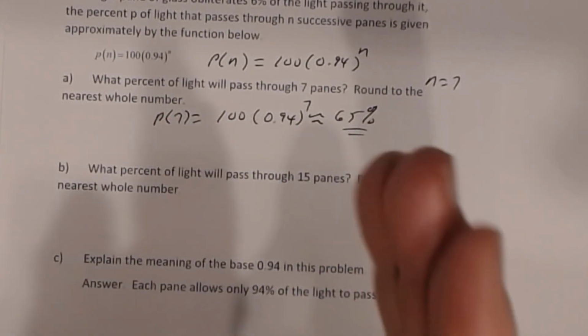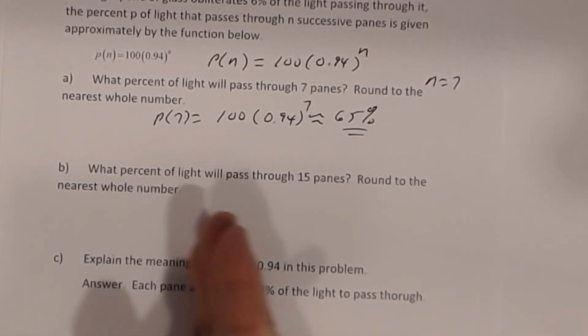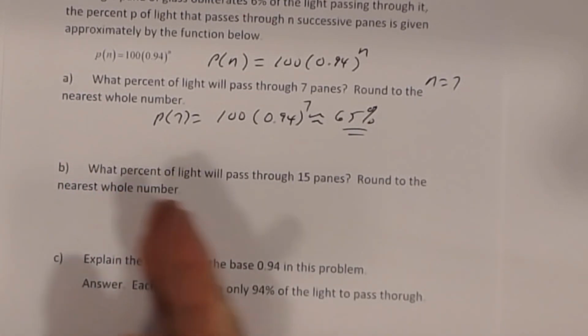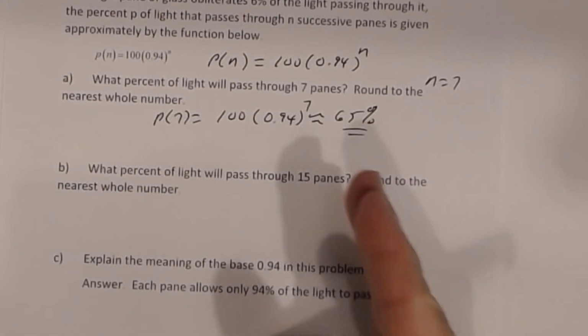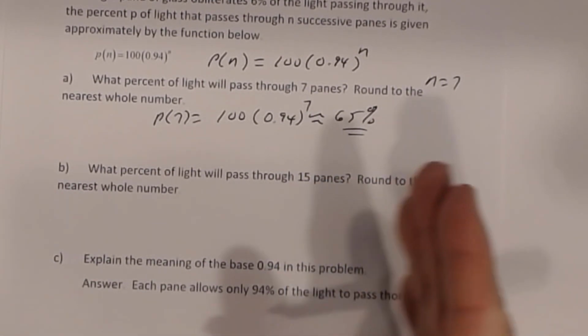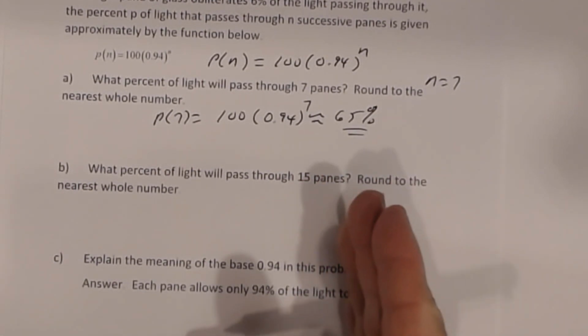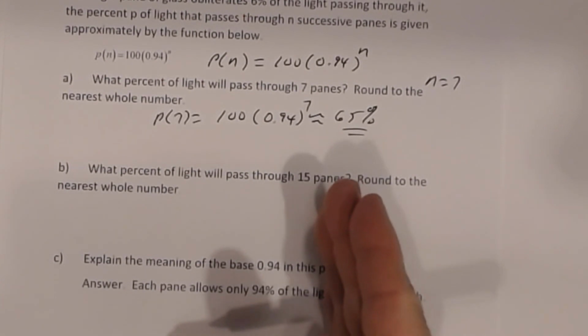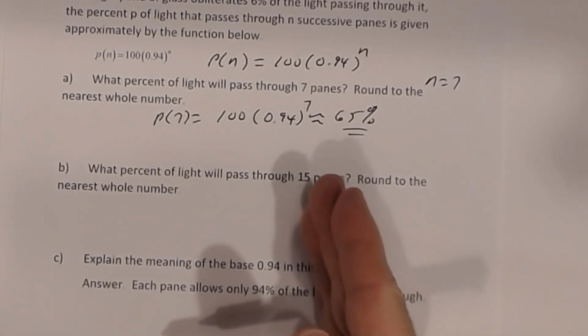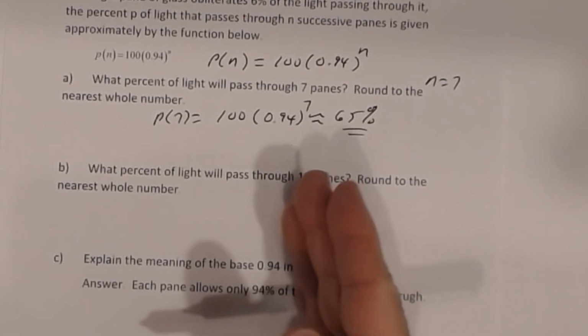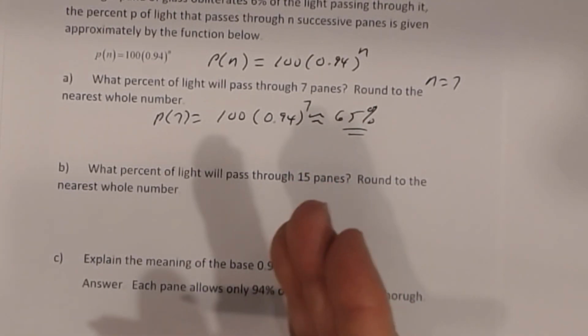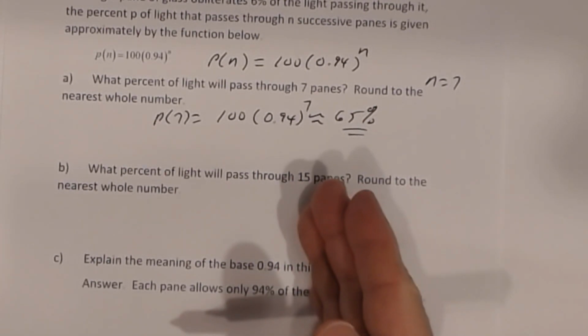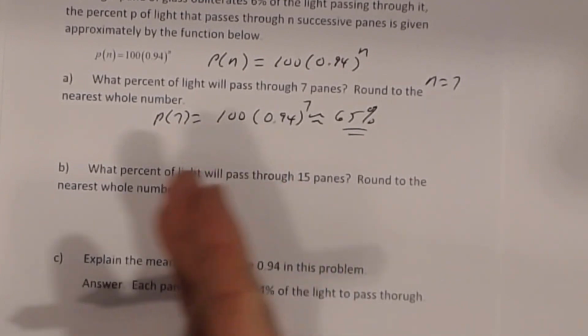So it's not 100% of the light through each pane. The first pane blocks some of that light, and then the second pane will block 6% of that, and then another 6% of that, and so on.